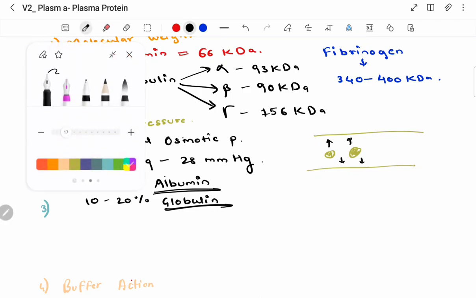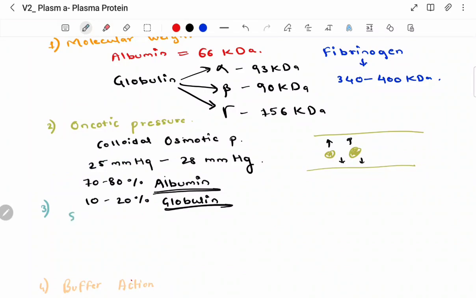The third property is specific gravity. I've discussed what specific gravity is in the last video. The link is in the description. Go check it out. For now, I'm giving you the value of specific gravity for plasma protein, which is 1.026. So this value is greater than 1.